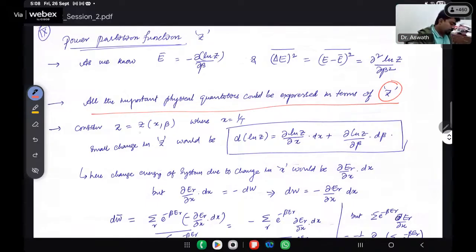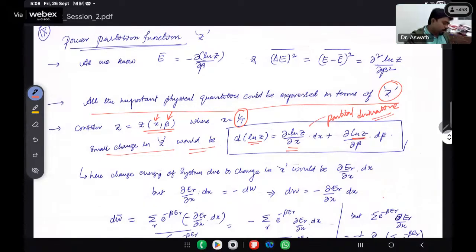Consider z is a function of some variable x, where x is the inverse of temperature. A small change in log z would be represented by the variation with respect to x, and the variation with respect to beta. So this is a partial derivative for you.